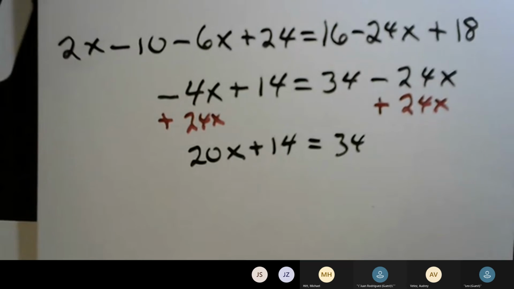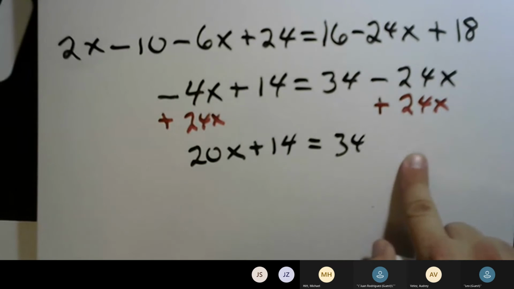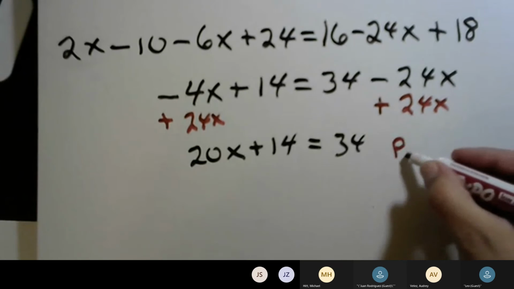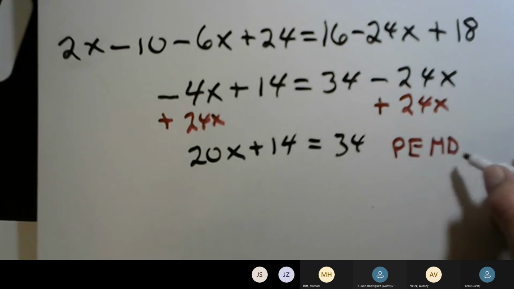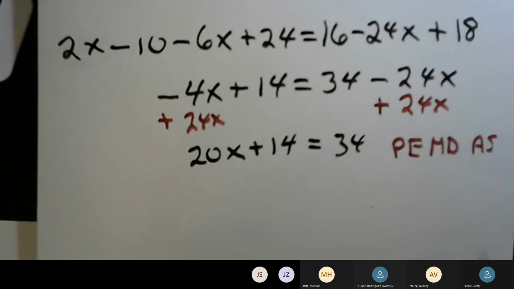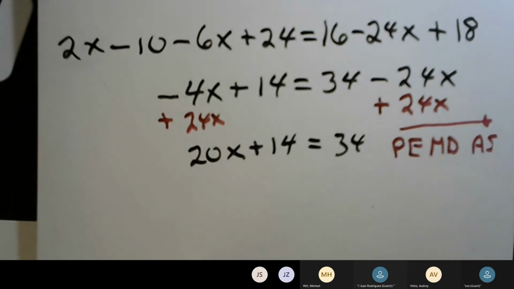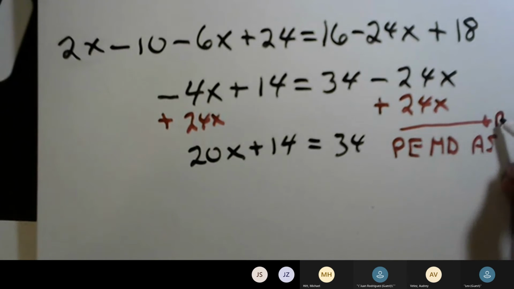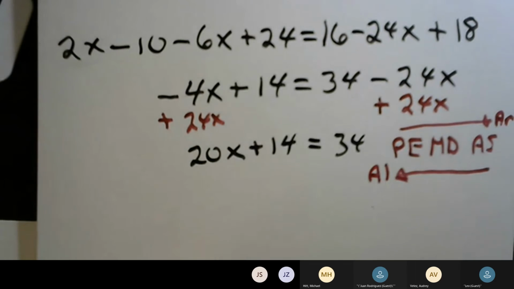Now, if you recall with PEMDAS, we do parentheses, then exponents, then multiplication, division, and then we do addition, subtraction. But when we do algebra, so that's arithmetic, algebra, AL, goes in the opposite direction.